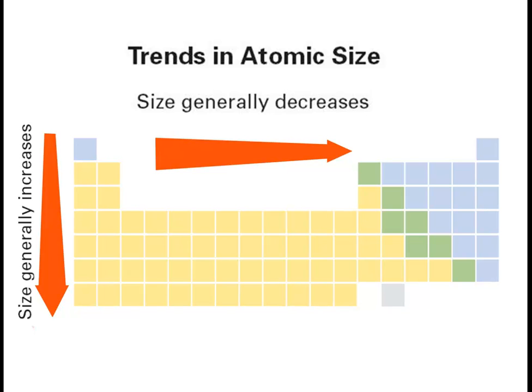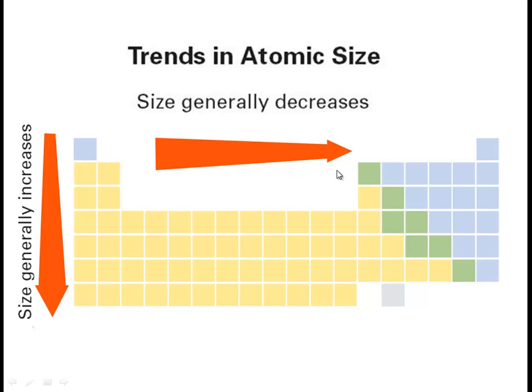What you've read about recently is how the size of atoms changes as you go across the periodic table from left to right and as you go down the periodic table. And spoiler alert, as you go from left to right, the dimension of atoms generally decreases.